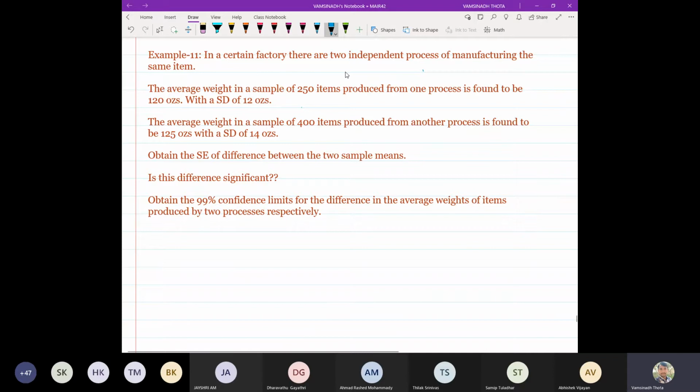In a certain factory, there are two independent processes of manufacturing the same item. The same item is manufactured in two different processes.